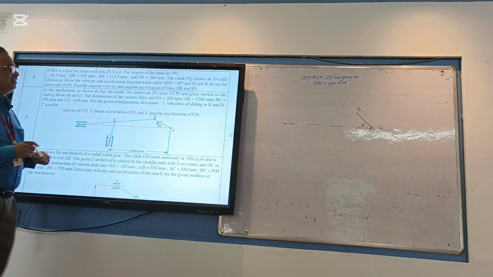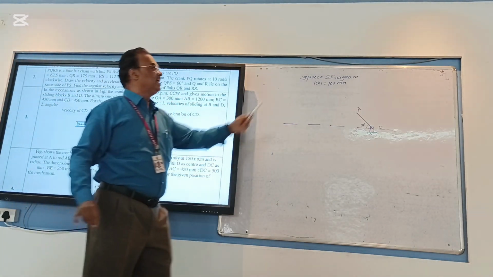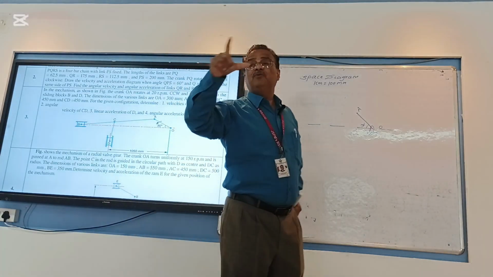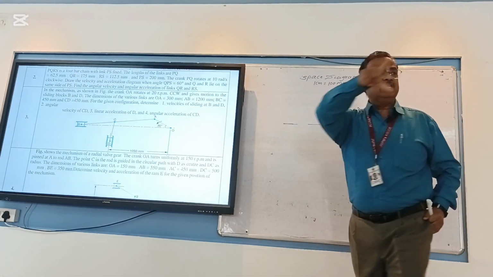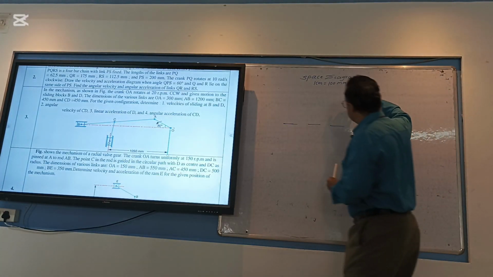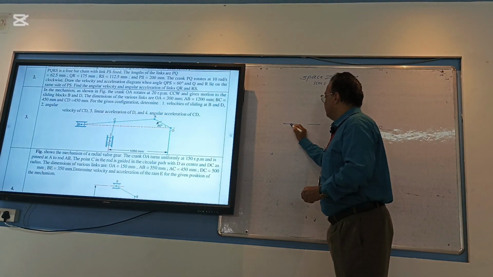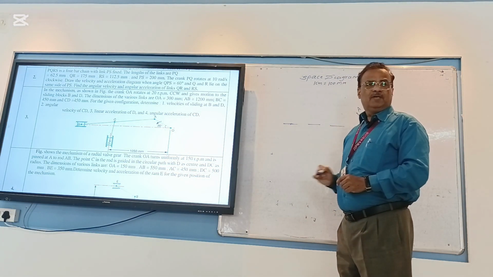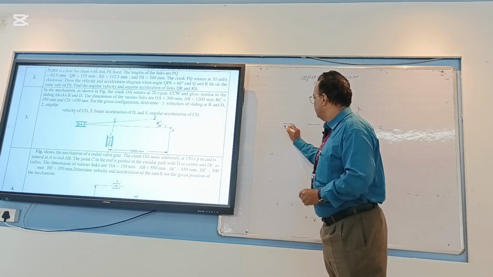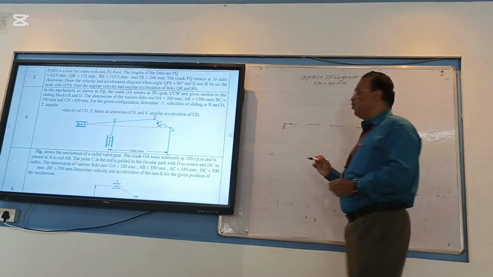Next, AB. How much is AB? 1200 as per the scale. How much will it be? 12 centimeter. Take the 12 centimeter distance in your compass and keep the compass at A and cut this horizontal line. It will cut here. So that point will be the B point. I got the B point.